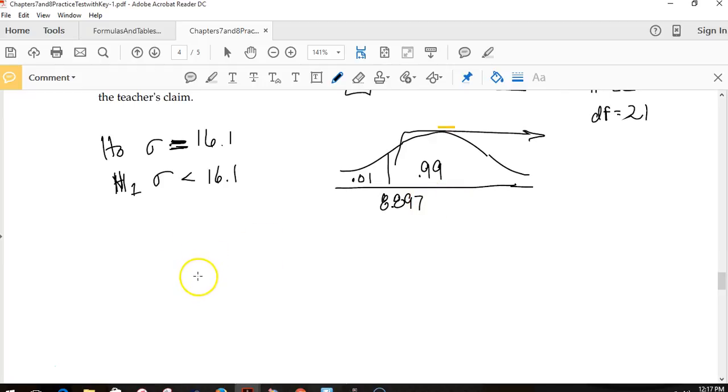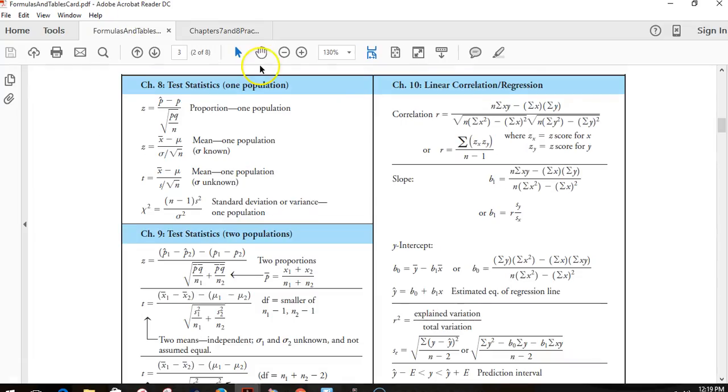So now I need to find my test statistic. My test statistic formula can be found on the formula card. We'll see it here under the chapter 8. Here's chi squared, n minus 1, that's my DF, times the standard deviation for the sample squared over the population standard deviation squared. Easy enough.